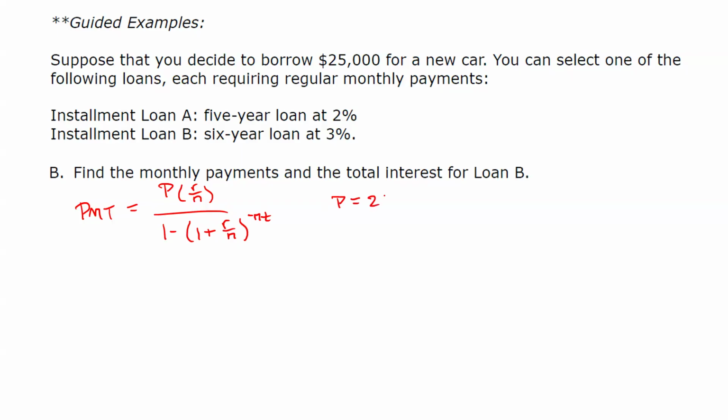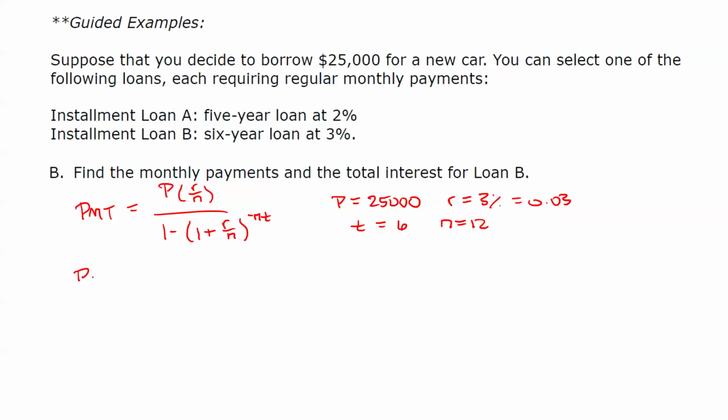P here is $25,000. R is 3% for loan B, so that's 0.03. T is 6 years, and N is 12 because we're paying monthly payments.